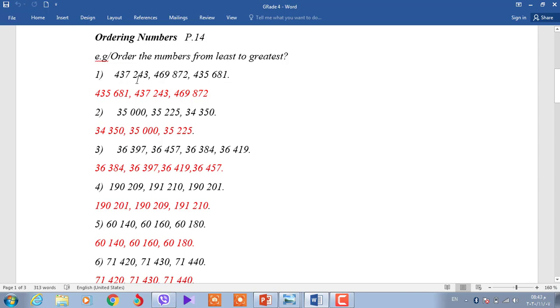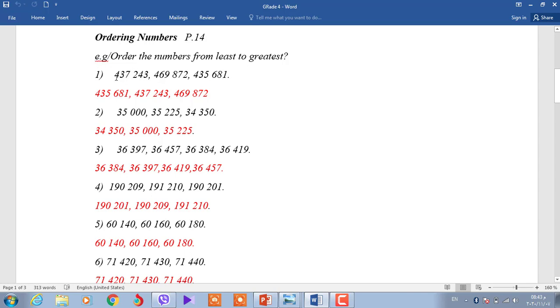For example, in one we have 437,243 and 469,872, 435,681. We need to compare the place value.